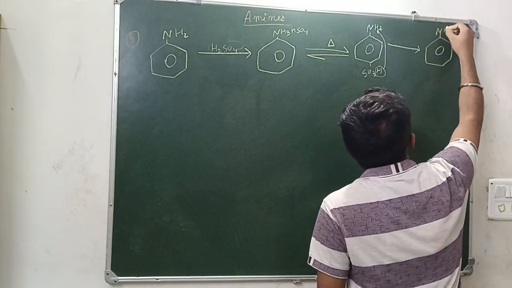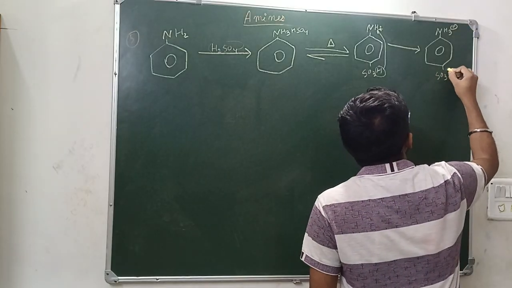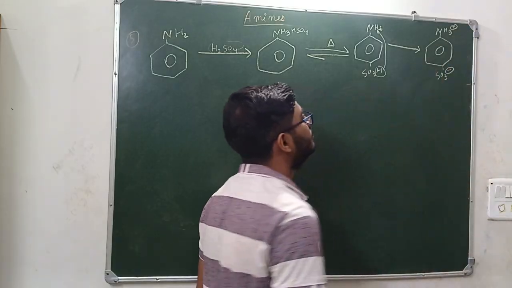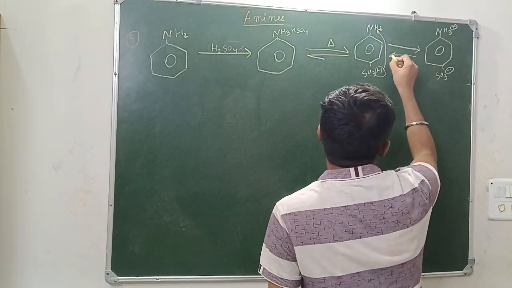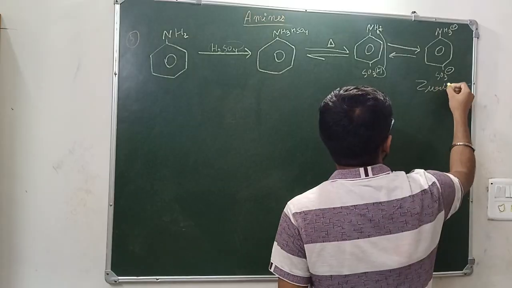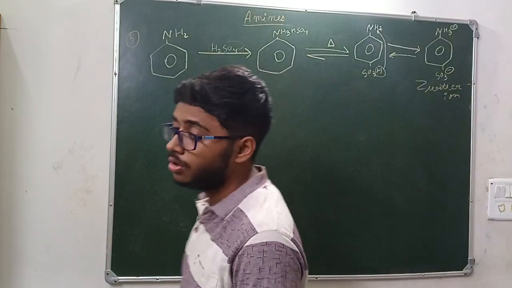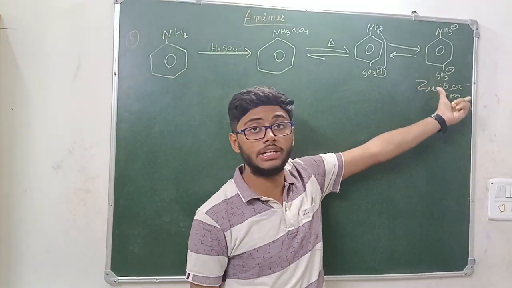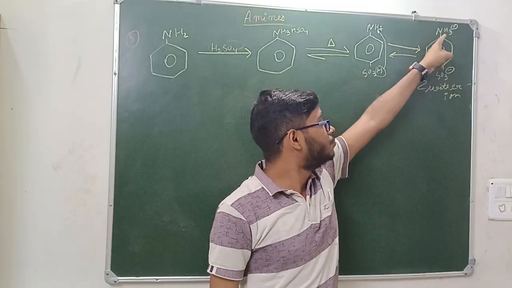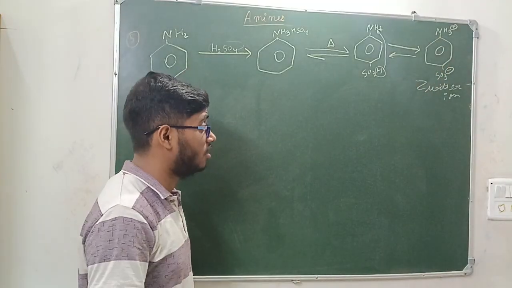Why is it known as zwitterion? Because both the positive and negative charges are present in one molecule only. It is a very important reaction. You can note this down. From aniline you have prepared a zwitterion, because both positive and negative charges are there. So this is quite an interesting reaction.